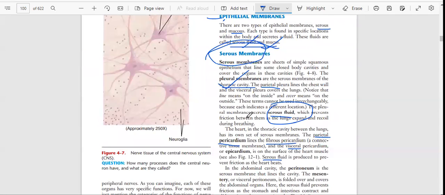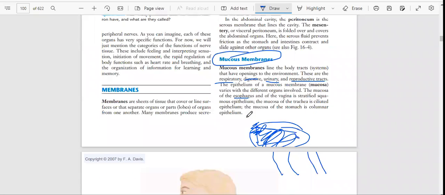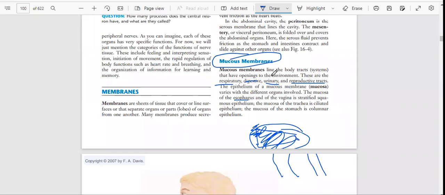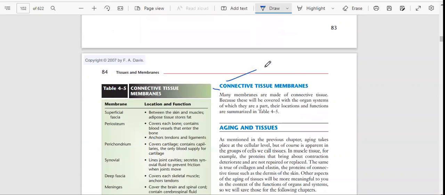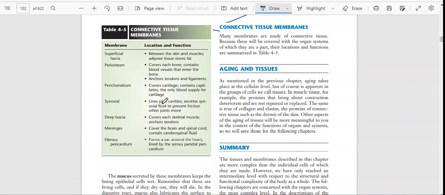The serous membrane is present in the lungs, heart, and stomach, and the mucous membrane is present in the respiratory tract, abdominal tract, and urinary tract. But connective tissue membranes cover the entire organ. For example, the superficial fascia connects the skin and muscles, and the periosteum covers the bone.